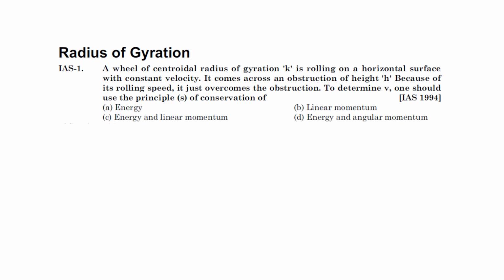Okay, next question, based on radius of gyration. A wheel of centroidal radius of gyration k is rolling on a horizontal surface with a constant velocity. It comes across an obstruction of height h. Because of its rolling speed, it just overcomes the obstruction.